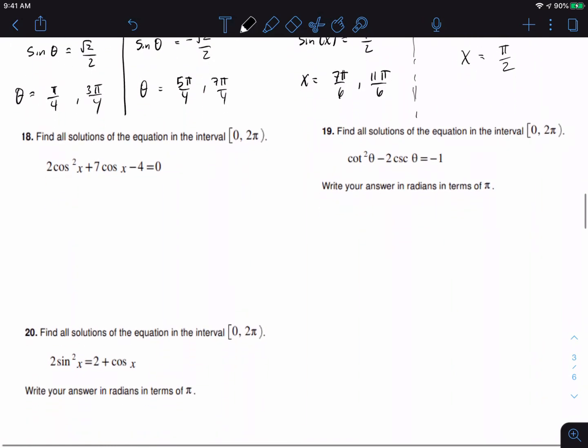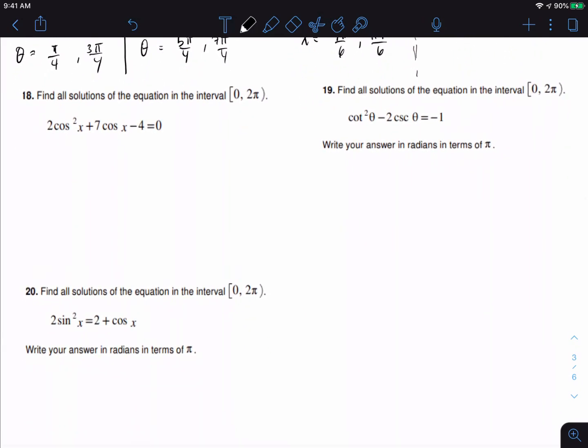Okay. All right. So then let's look at this one. And again, here it's cosine and cosine. So since it's cosine and cosine, I'm going to go, all right, that's 2x squared plus 7x minus 4 is equal to 0.